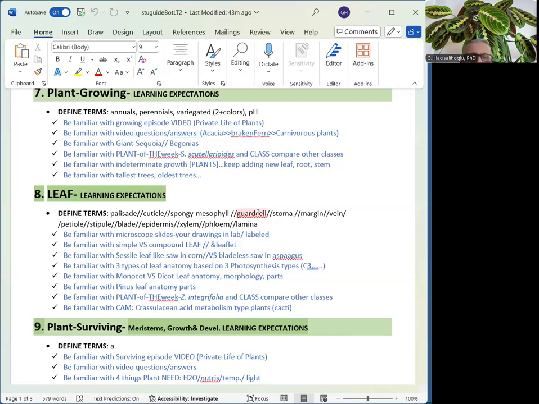Plant of the week here is Zamia integrifolia, and you should be familiar with that. This is also a Florida native plant, so very, very important. Be familiar with how some leaf anatomy is directly linked to photosynthesis type, like C3, C4, and CAM.